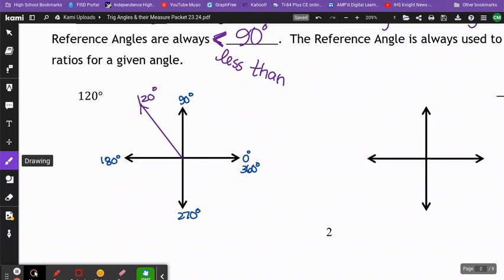I mark the rotation by starting at the initial side and drawing an arrow to the terminal side. So this is what we call marking the rotation or showing the rotation. I show where I started, I show where I end, and I show it's in a positive direction. From there, we have to label and find the measure of the reference angle.